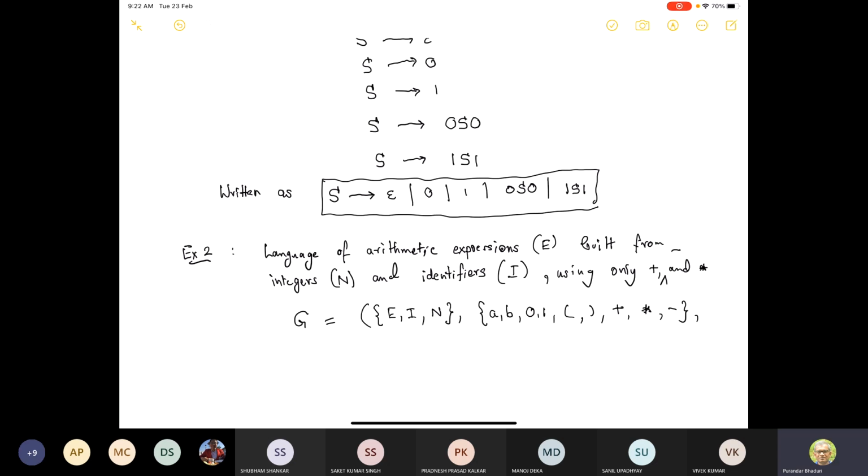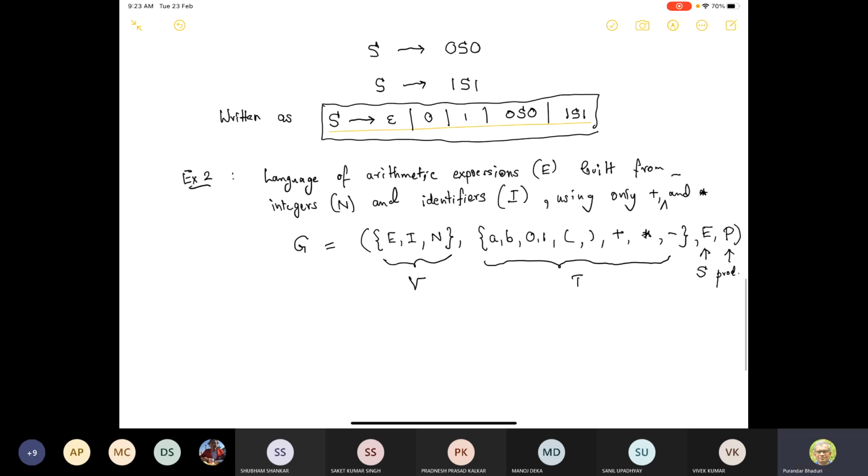And the start symbol is E, and P is the set of productions, which will be written below. So this is the set of variables. This is the set of terminals. This is the start symbol. And these are the productions.